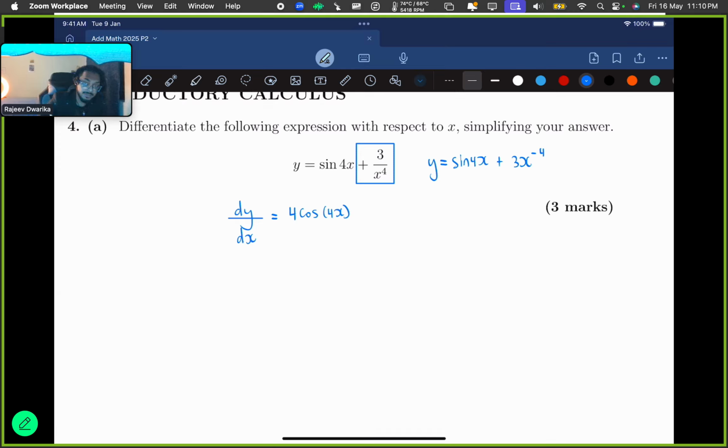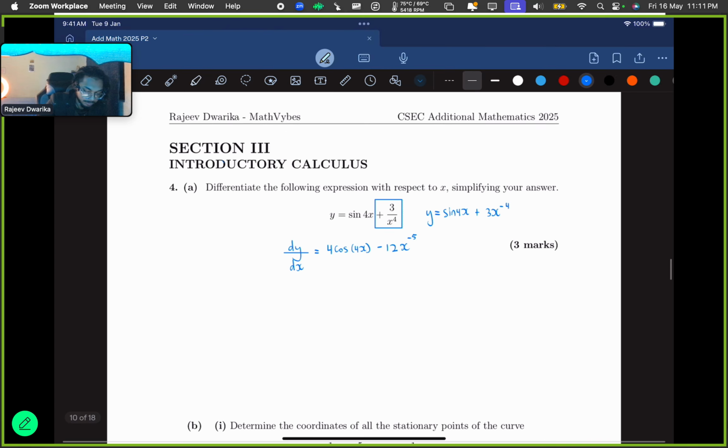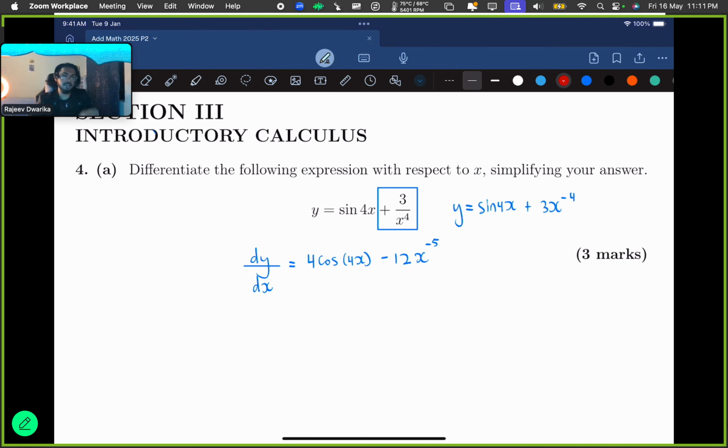Since when you're differentiating, you need everything to be in the form ax to the power n, so you take the denominator and bring it up to the top, and the sign for the power would change. And so we can differentiate that now. You would take the minus 4, multiply by the positive 3, and you'd get minus 12. Then you subtract 1 from the power, and that's your answer. Yeah, I get that mark there. If I get marked separately, I get that back. Well, yeah, you might get 1 mark.